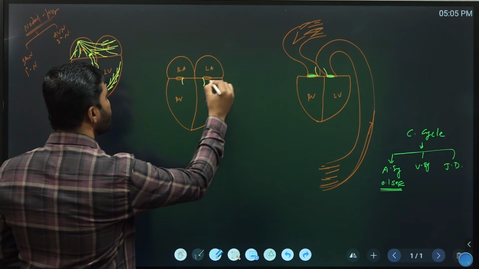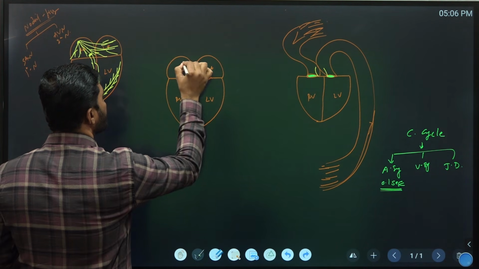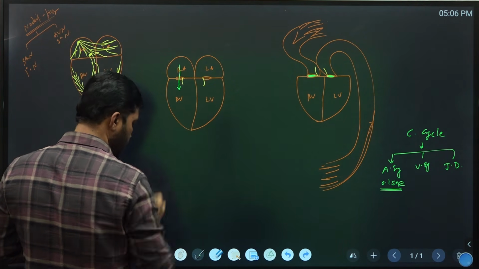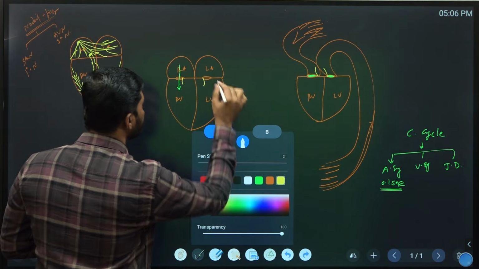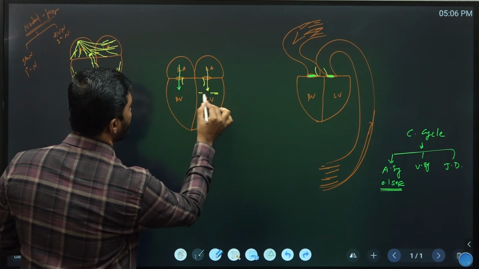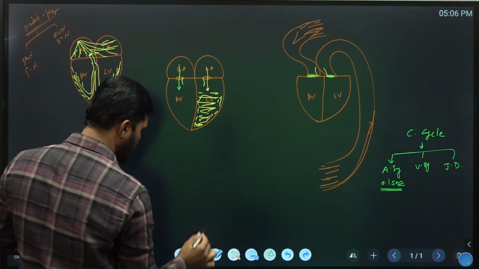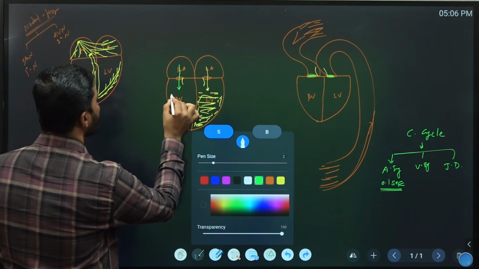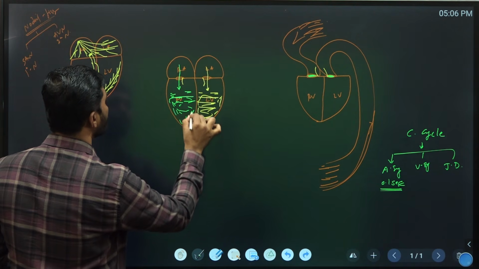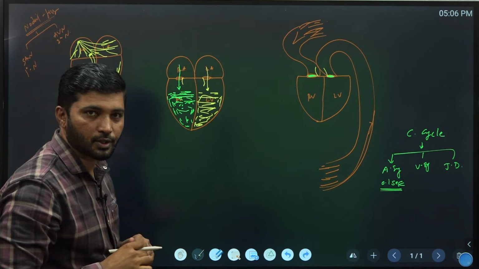Due to the opening of these two valves, the tricuspid and bicuspid valves, the atrial blood enters into the ventricle. The left atrial blood enters the left ventricle, and the right atrial blood enters the right ventricle, because the AV valves are in open position.